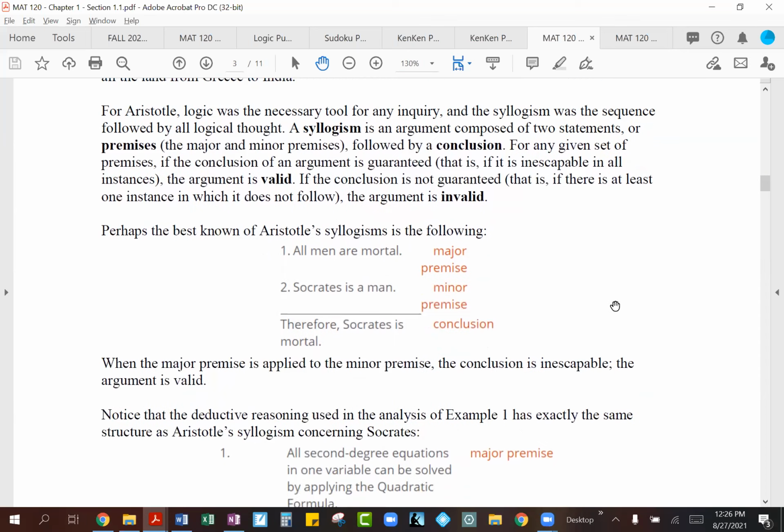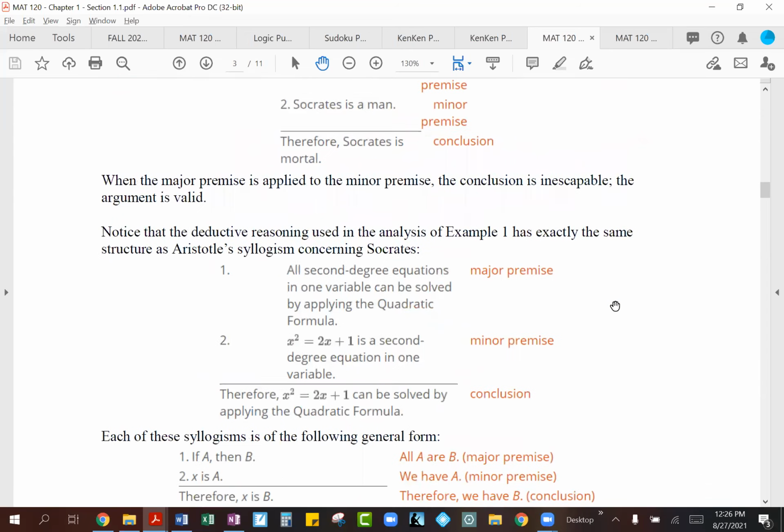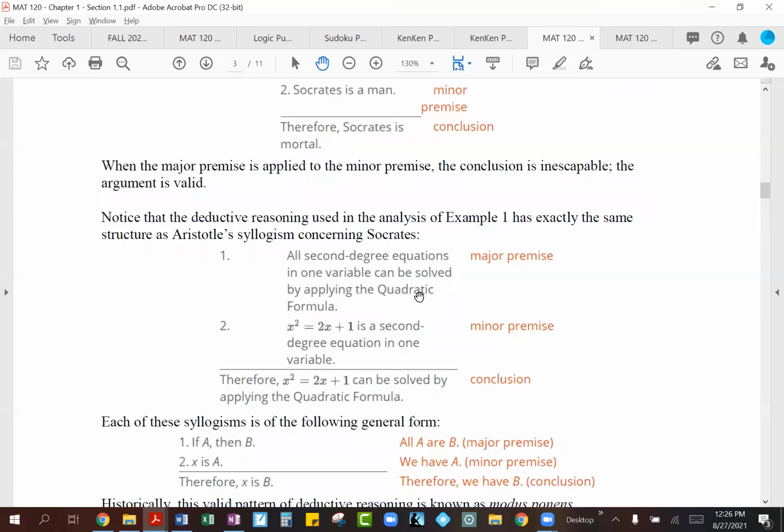On the other hand, you can look at the example that we just looked at with the polynomials. We're saying all second degree equations in one variable, which is x, can be solved by using the quadratic formula, right? So that's the general idea.